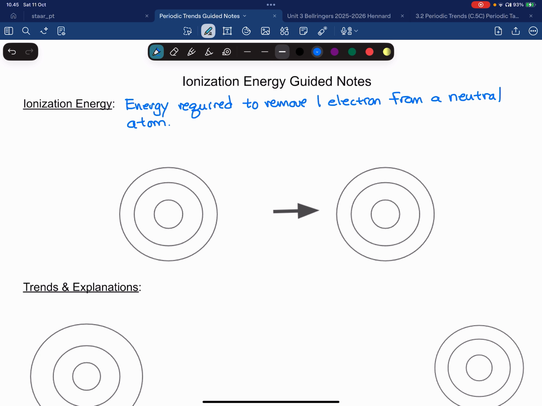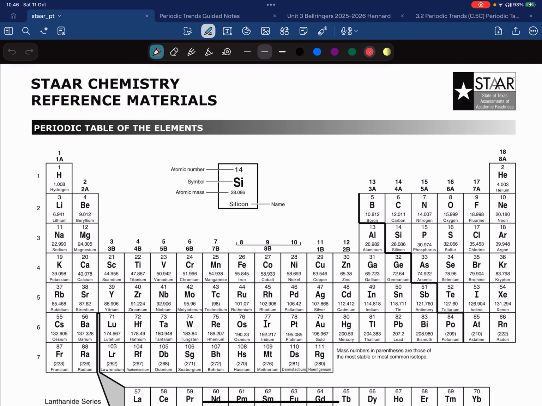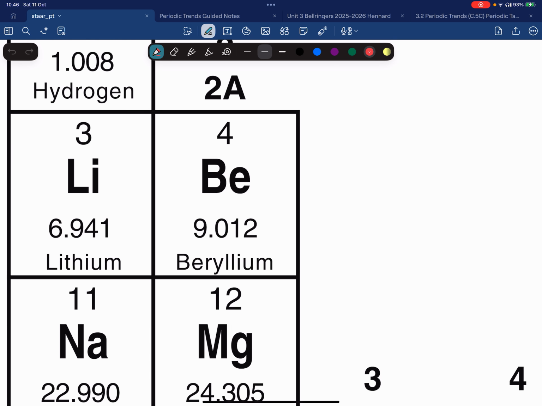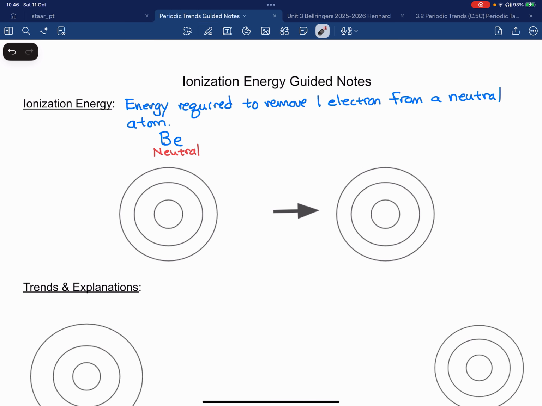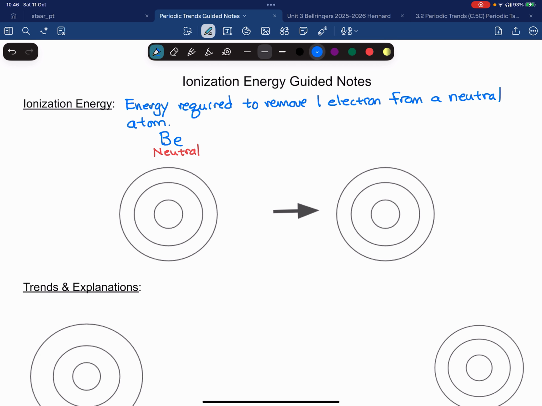Now, let's use beryllium for this one. So let's say you have a neutral atom of beryllium. Well, we find beryllium on the periodic chart. There it is. Beryllium has 4 protons and 4 electrons. So that means that beryllium has a charge of positive 4 in the nucleus because of the 4 protons.